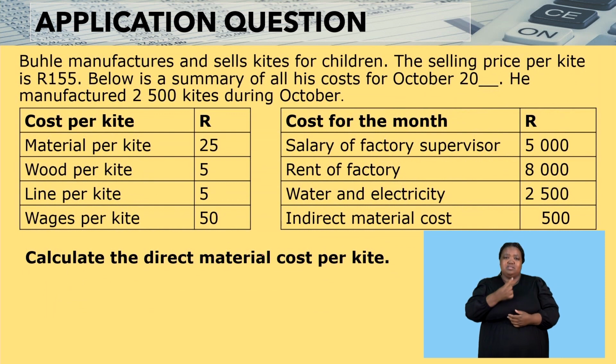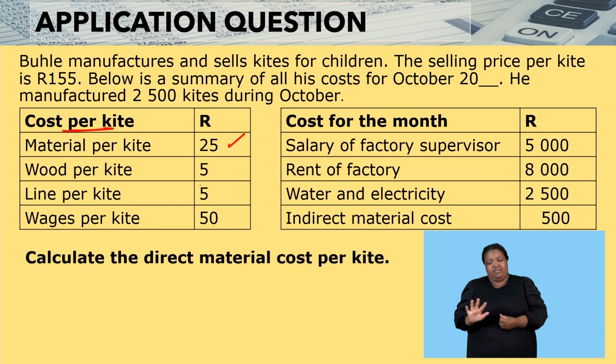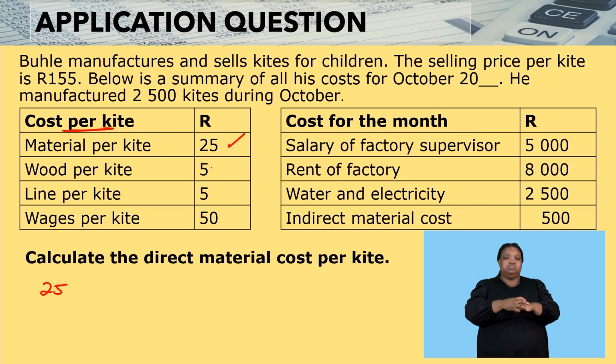Question number 1 says, calculate the direct material cost per kite. So we know the first thing that we have is the cost per kite here, and the material cost per kite is 25. So we have 25 here. And then we know that in the kite we will need wood, which is 5 rand.